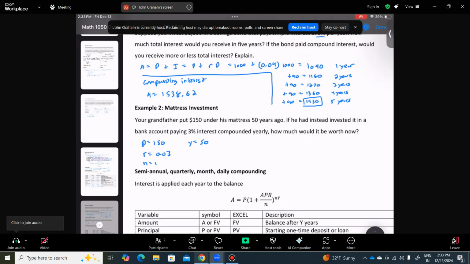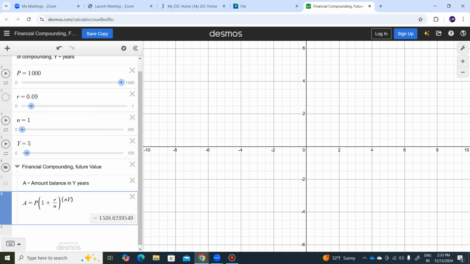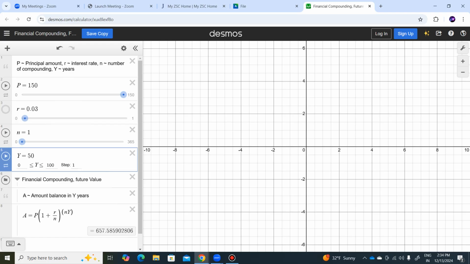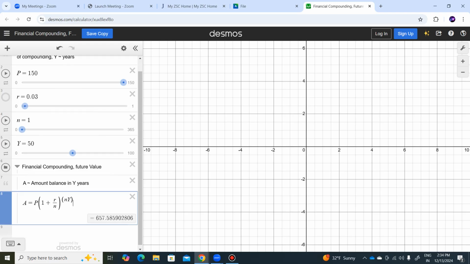All right, so go back to this. 150, 3%. N is equal to 1. Years is 50. That 150 has now turned into 657.59. Right.